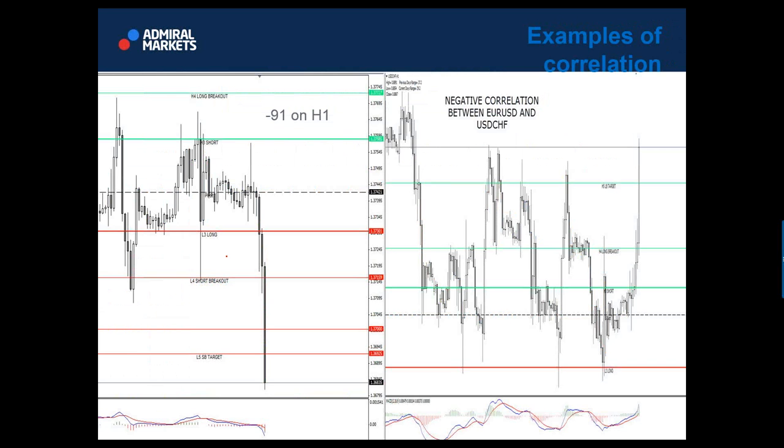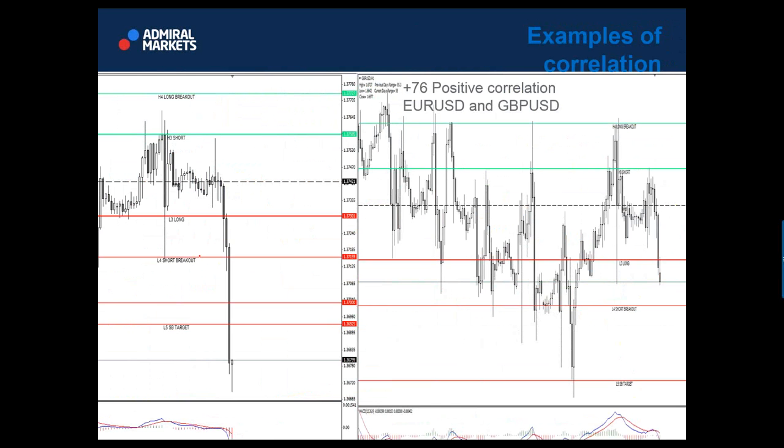At the time I took a screenshot of this chart, correlation was minus 91, okay, minus 91 for euro dollar and dollar Swissy. Look how those pairs move, minus 91, completely, totally negative, okay? This goes down, this goes up, okay?